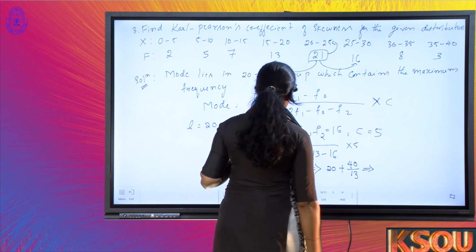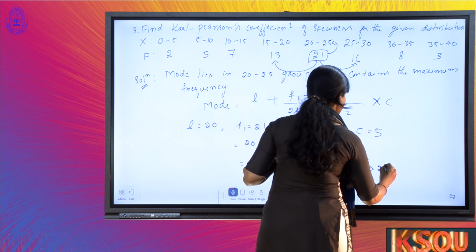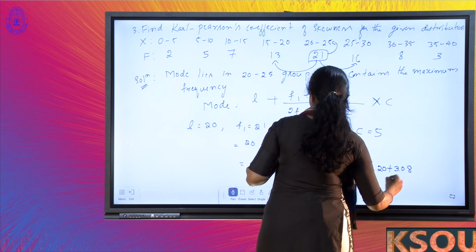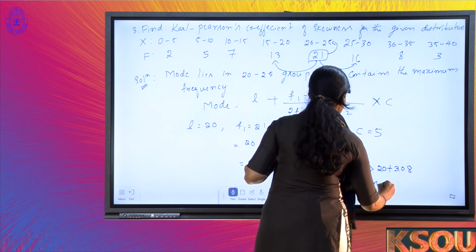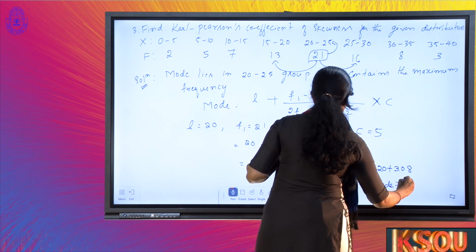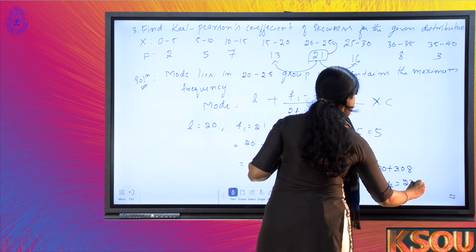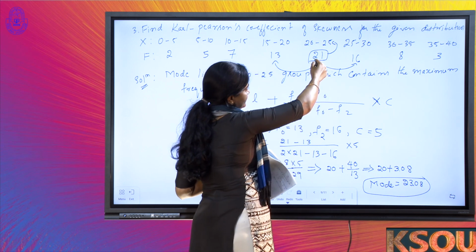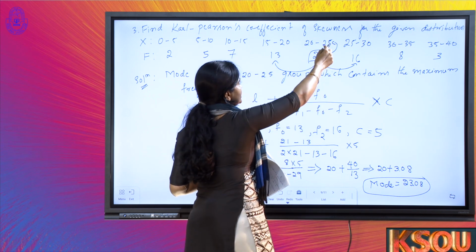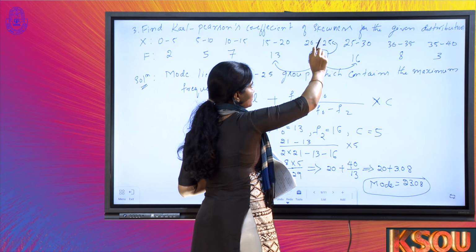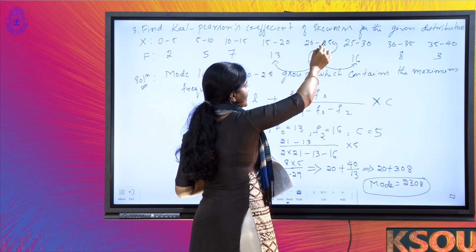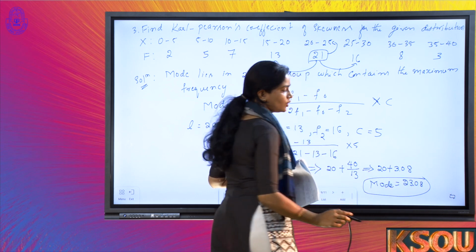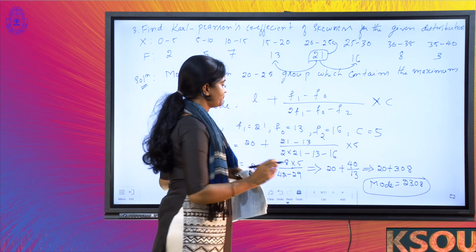If you simplify this, you will get 20 plus 3.08, and finally you will get the mode value, that is equal to 23.08. So from this, since the highest frequency is 21, the corresponding x value is 20 to 25, and the mode occurs between 20 to 25. 23.08 is the mode value.